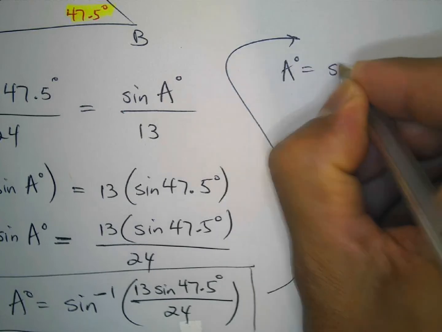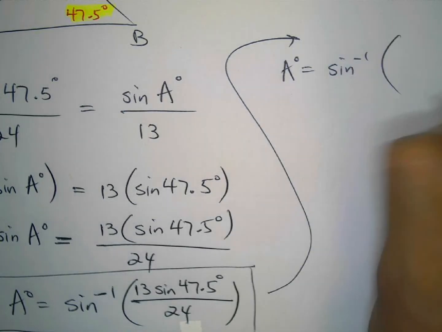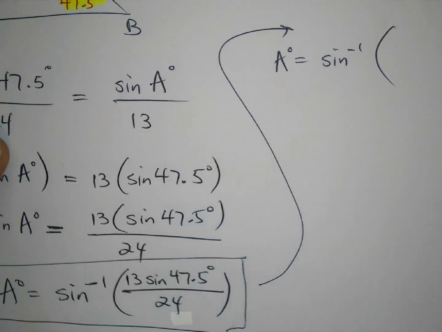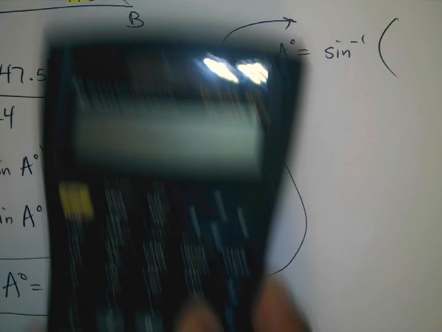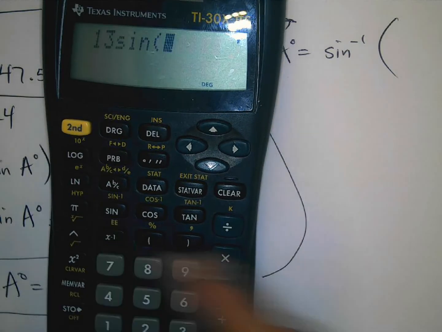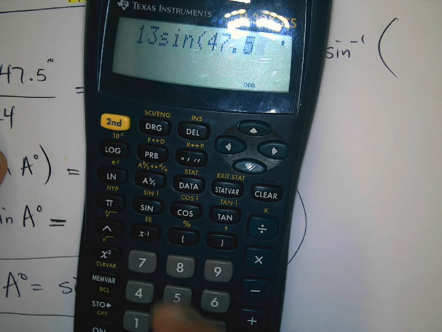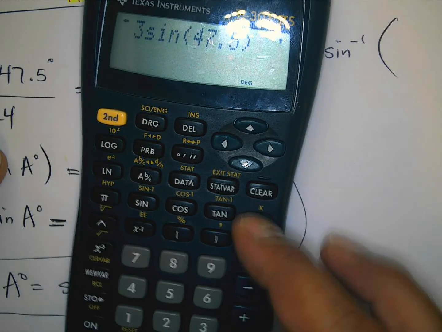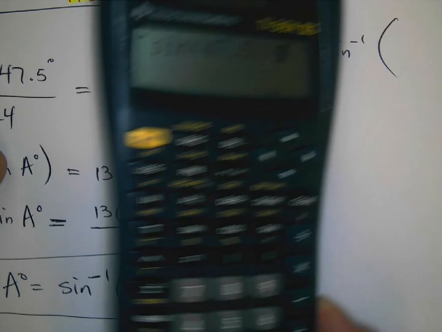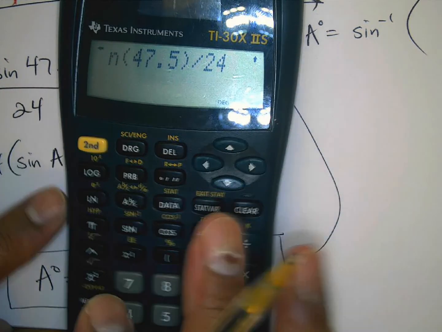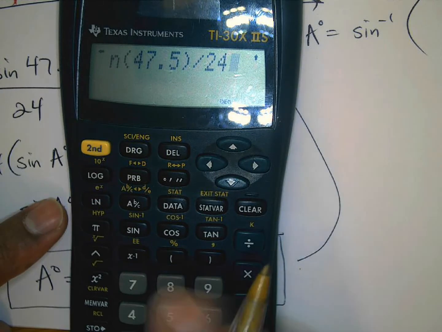Angle A is going to be the inverse of, and when I get this number on the calculator, let's see, 13 sine of what? 47.5. Close it, divided by 24. Again, I have the calculator where you can do it all in one shot. Some of you can't.